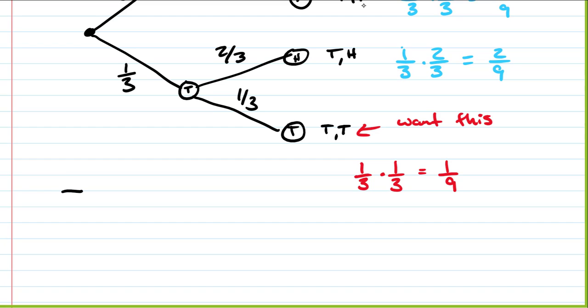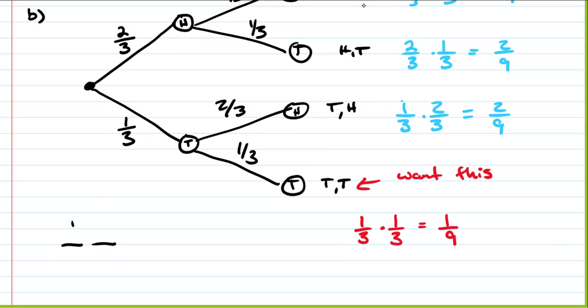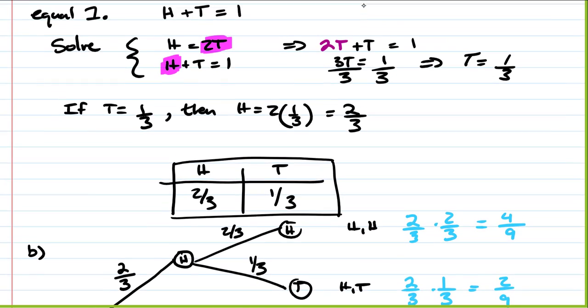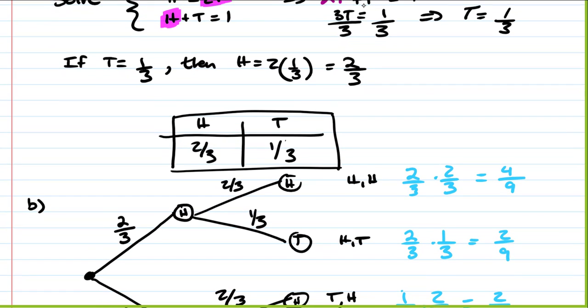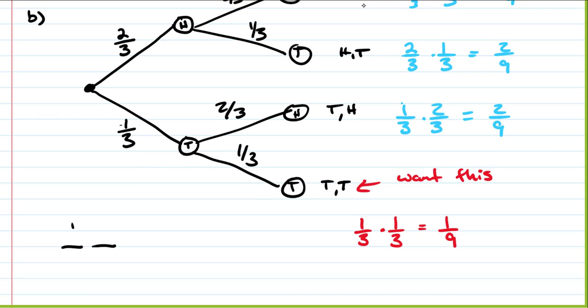Well, if I have an experiment that has 2 stages, what was my probability of getting a tail in the first thing? Well, what was my probability of getting a tail with this biased coin? 1/3. And I still am using the biased coin, so what's my probability of getting a tail with this coin? 1/3. 1/3 times 1/3 gives me 1/9.